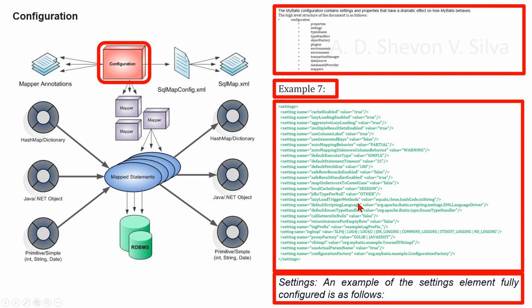Lazy load trigger methods specifies which object methods trigger a lazy load. Valid values are a method name list separated by commas. Default is equals, clone, hashCode and toString.